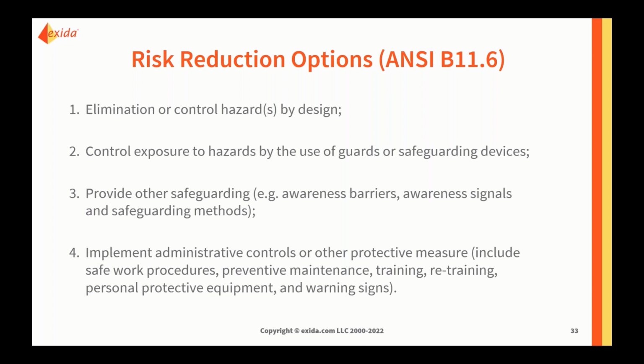And then finally, training, PPE, work procedures, etc., which sit at the back of the queue in terms of managing our risk here. So the layer of protection analysis method can flexibly consider how much advantage we can get from each of these different risk reduction options.